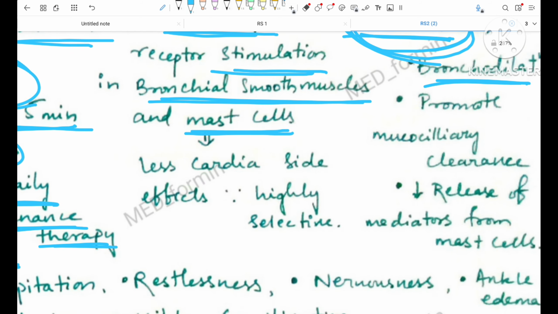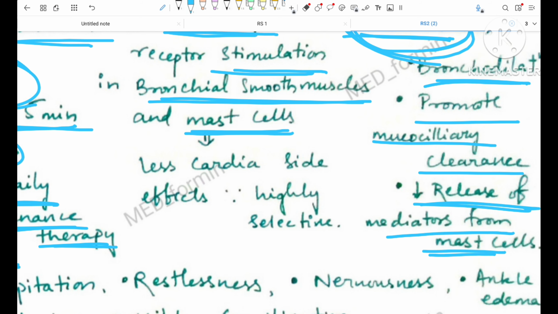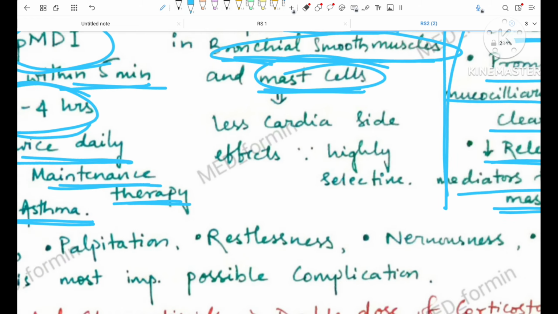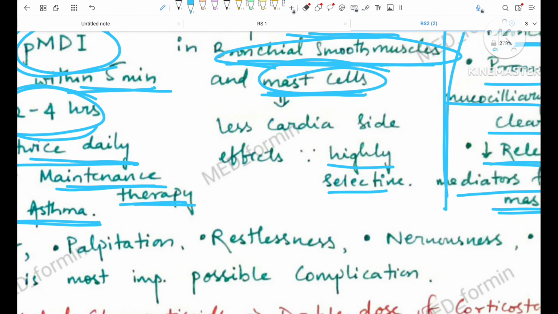It also promotes mucociliary clearance and reduces the release of mediators from mast cells, since the drug acts on bronchial smooth muscles as well as the mast cells. This is how the drug works. Also, being highly selective, it has fewer cardiac side effects.